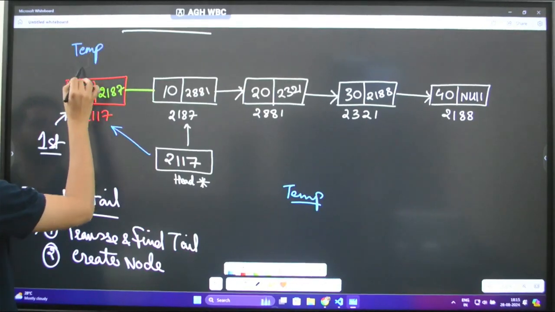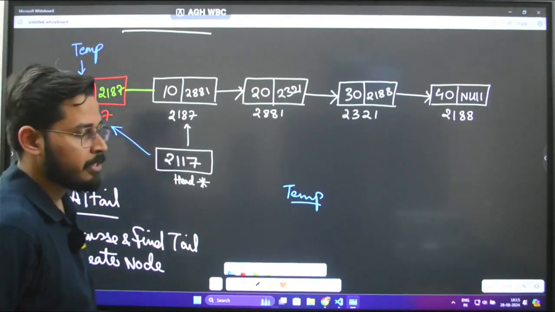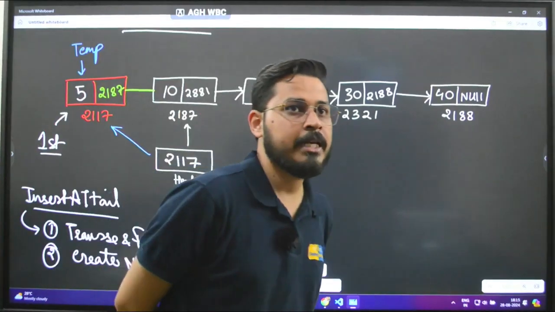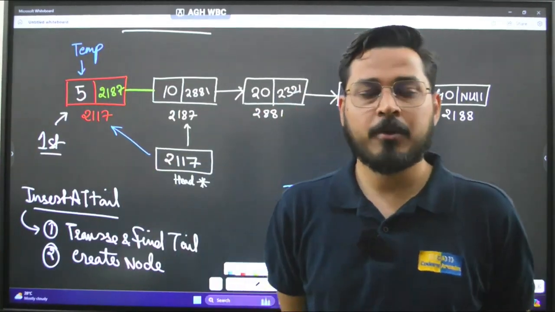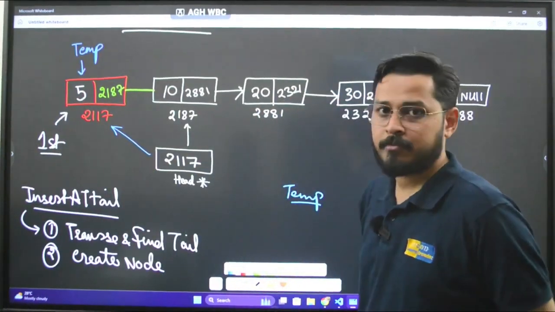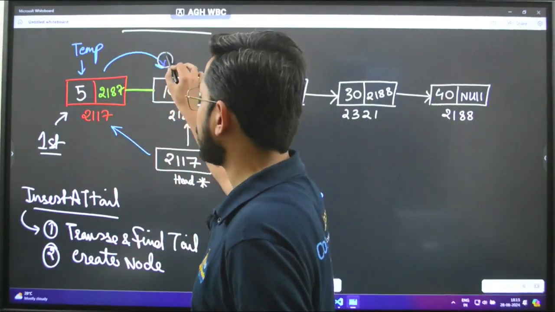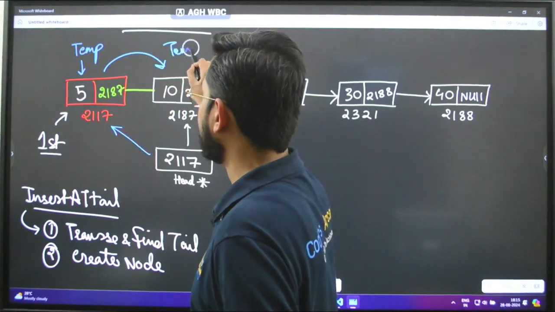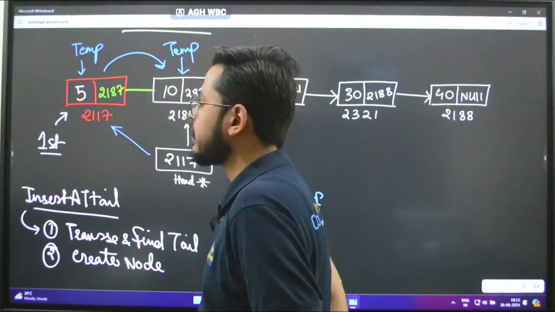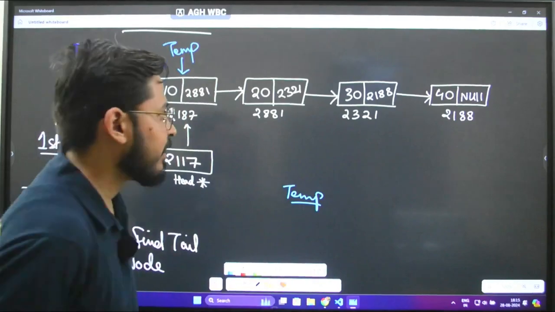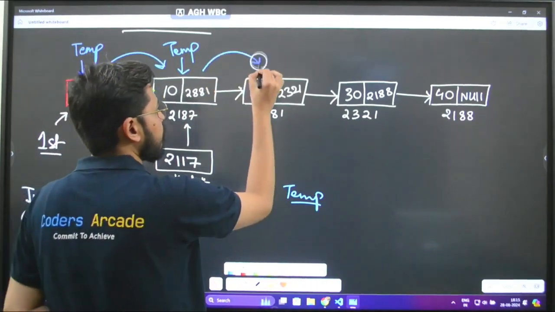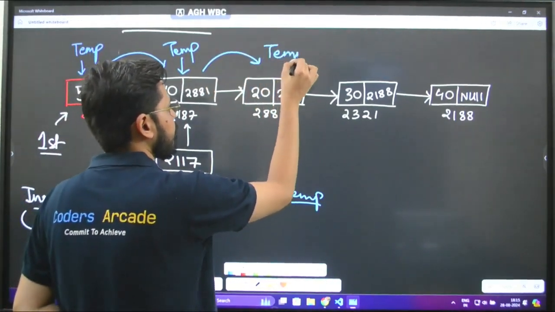Temp, I said you start from the head, the very first node. Then I will go to the next node, temp, right here. Then I will go to the next node, so temp came here.